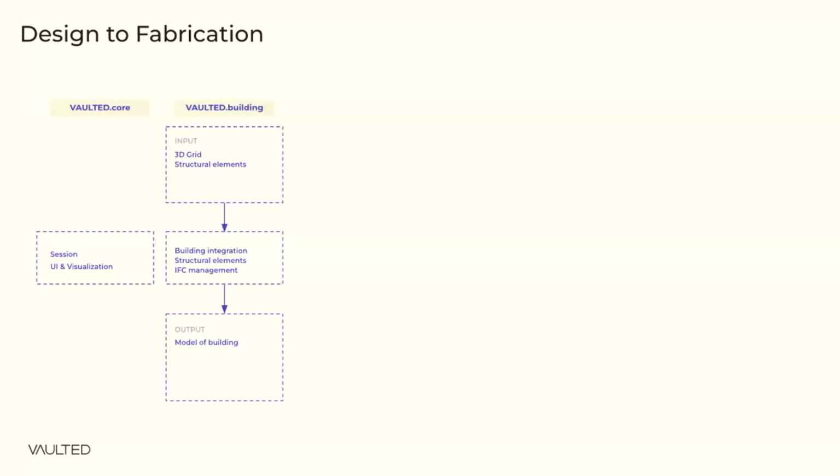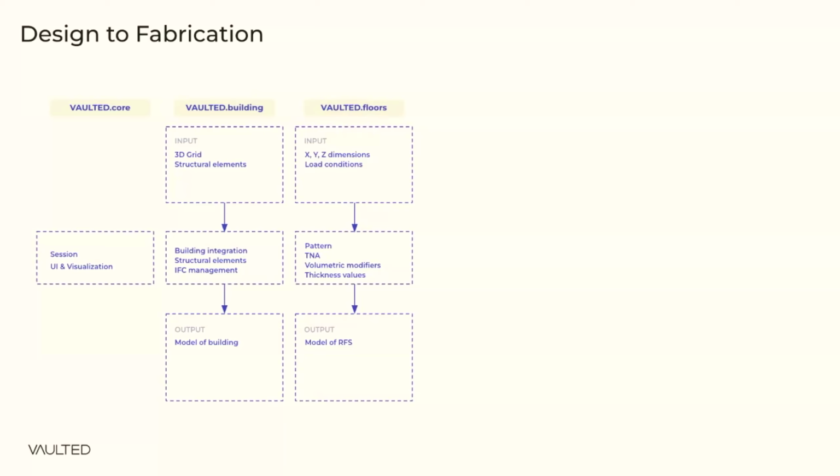So here we're using COMPAS Session, which is already a setup tool in COMPAS, and COMPAS Viewer for the visualization. Then in Volted Building, we are using this library for the building integration, the IFC management, and the integration of the structural elements in our pipeline.